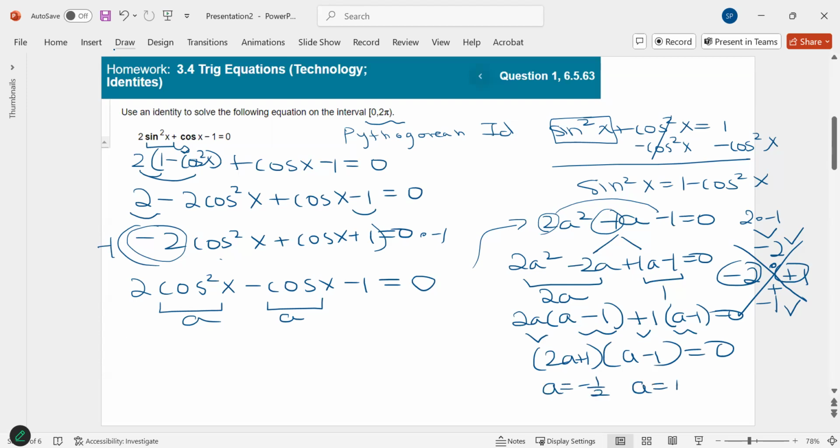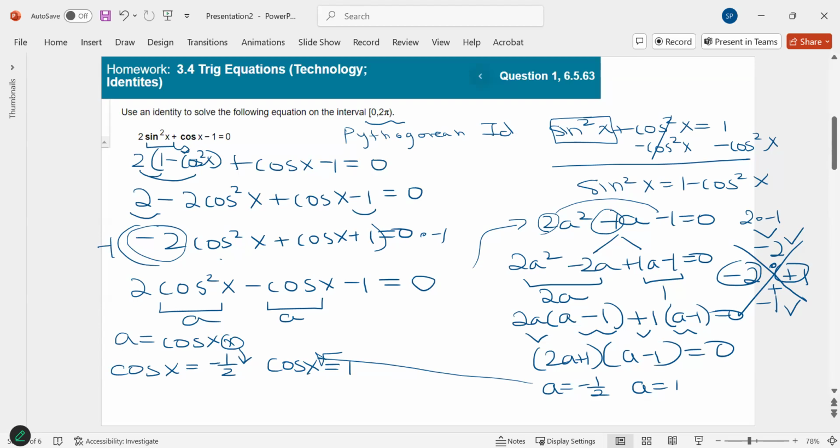Remember what a is. We set it as cosine x. So I have to now rewrite this as cosine of x is equal to -1/2, and cosine of x is equal to 1. For this, you're going to use your unit circle. You're looking at where the x values are -1/2.